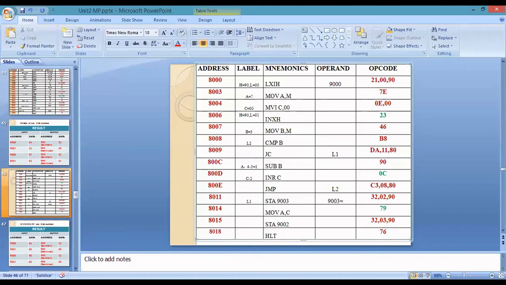So now the 9003 value is 1. MOV A, C. The C value is 2, and now it is moved to the A register. Now STA 9002, so at 9002 your value will be 2. So if you divide 7 by 3, you will get quotient 2 and remainder 1. So this is all about the division of two 8-bit numbers.